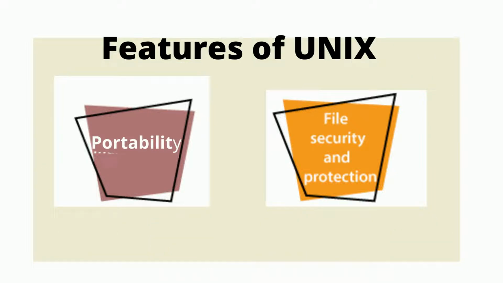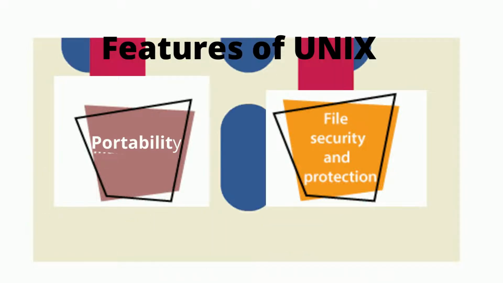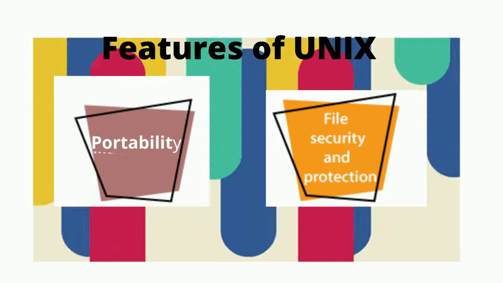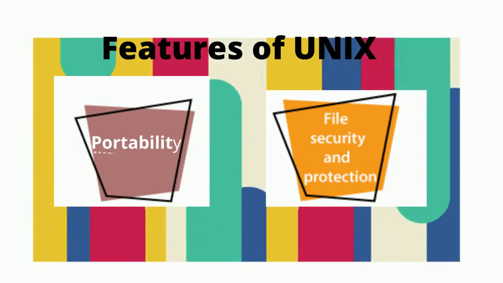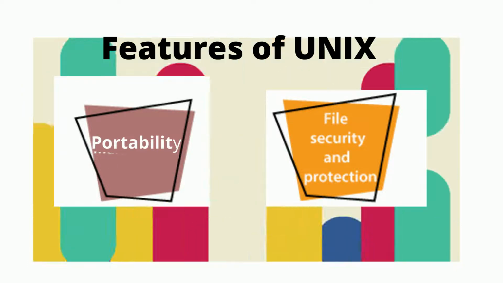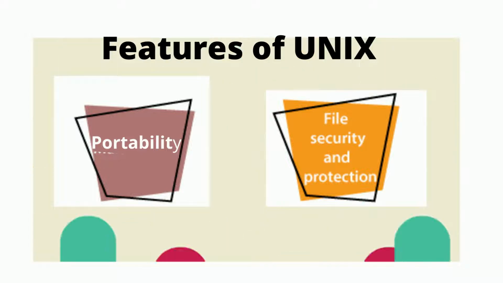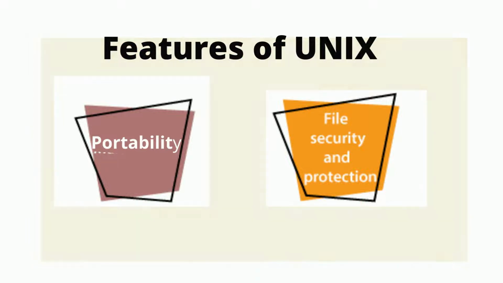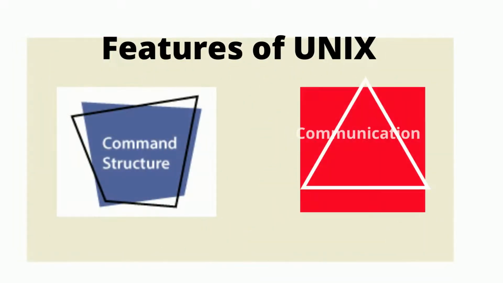Apart from this, it also ensures authentication at levels, providing file access permissions like reading, writing, and executing, and even file encryption, which changes the file into an unreadable format. This is one of the best features of UNIX, due to which it's been used worldwide.